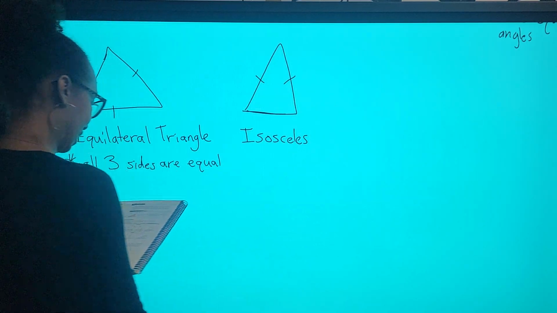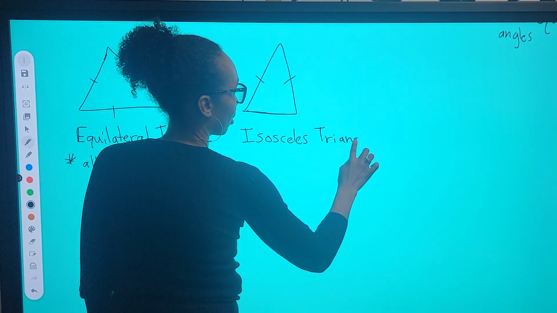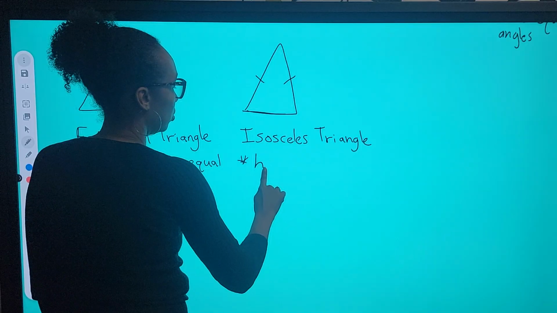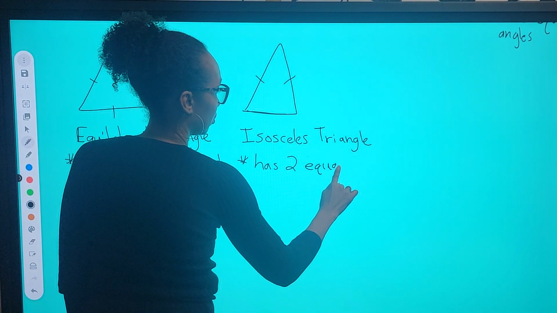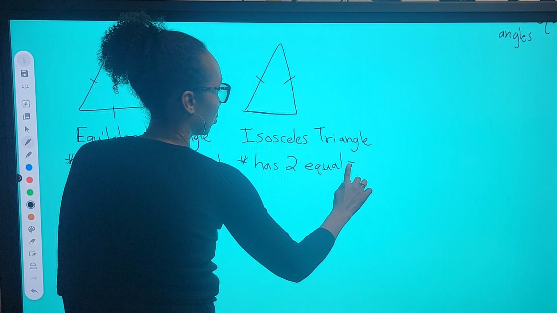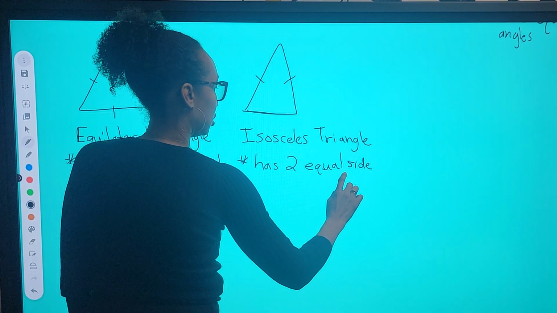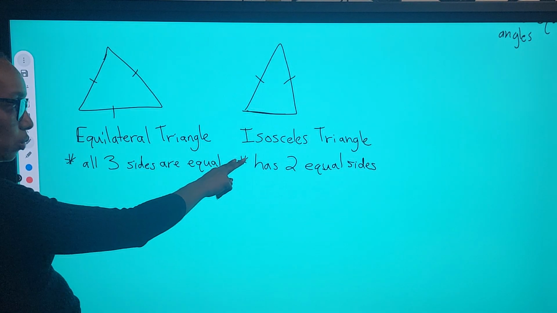Isosceles triangle. And it has two sides that are equal.